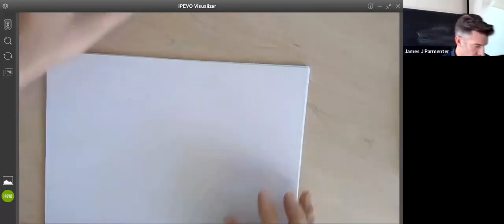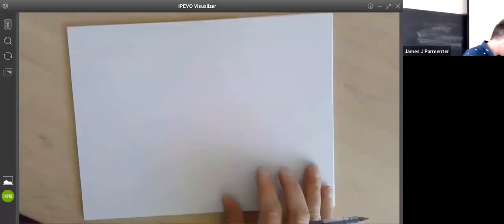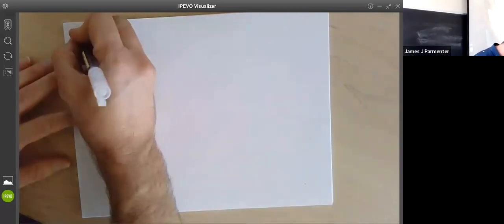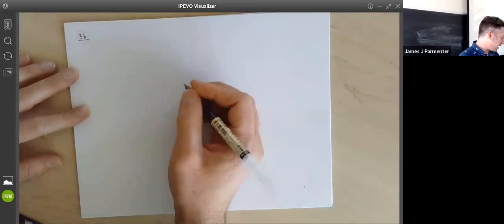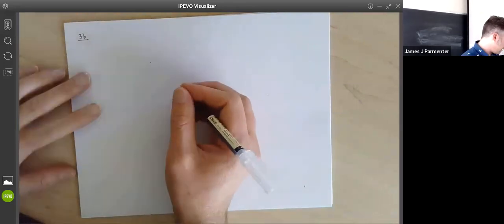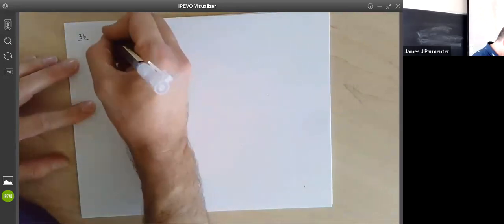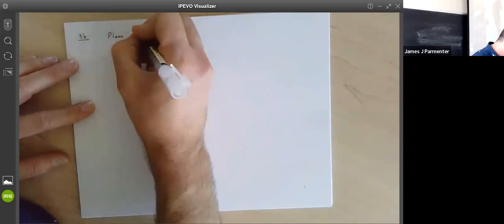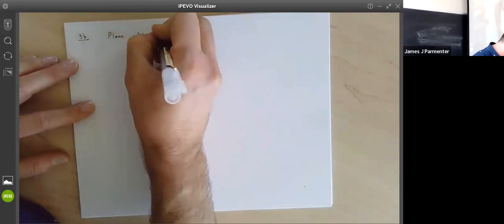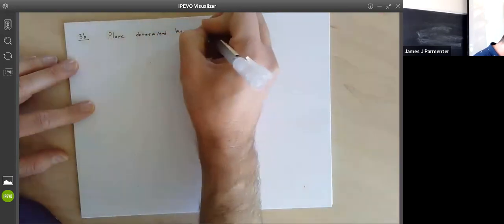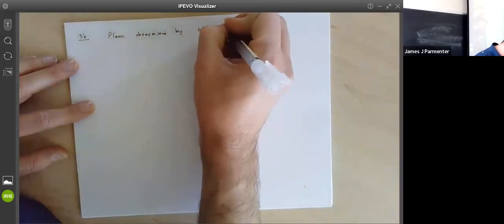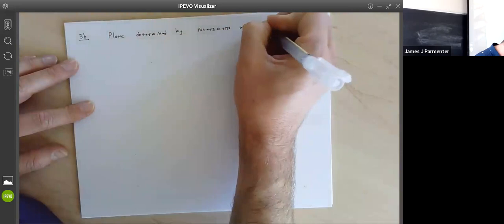5C, question 8. Okay, so let's look at 3B. Find the plane in standard form determined by the intersection of lines.